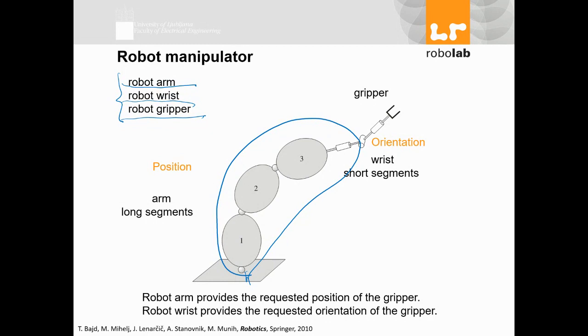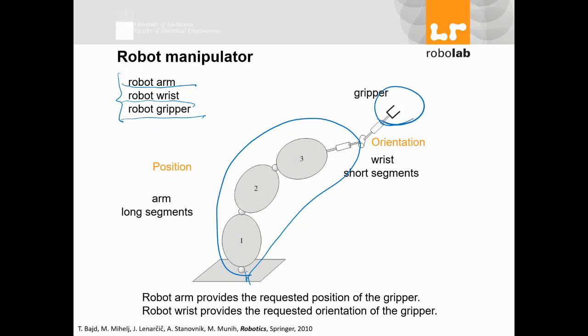So if your robot is supposed to work in a cage or in a workspace, a work area, different points of that work area will be accessed by just moving the arm. The end effector or gripper is the part which does the job for you.